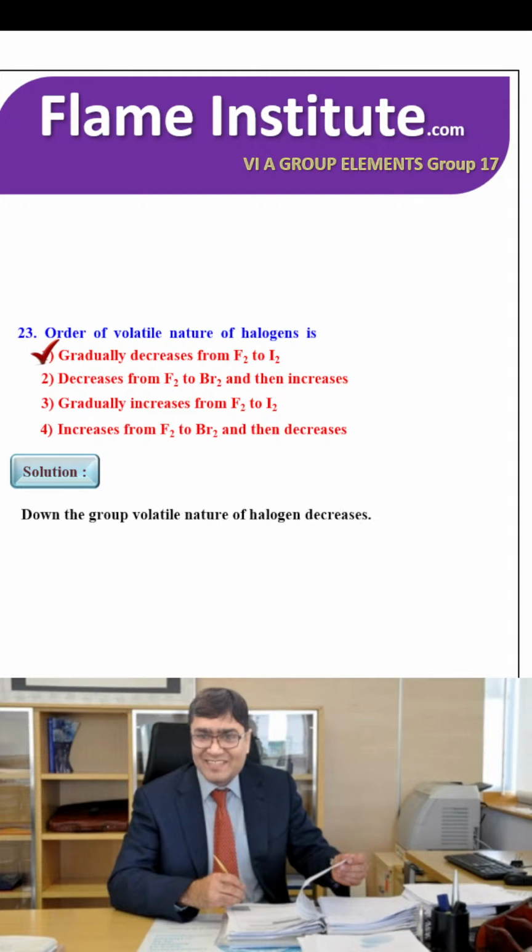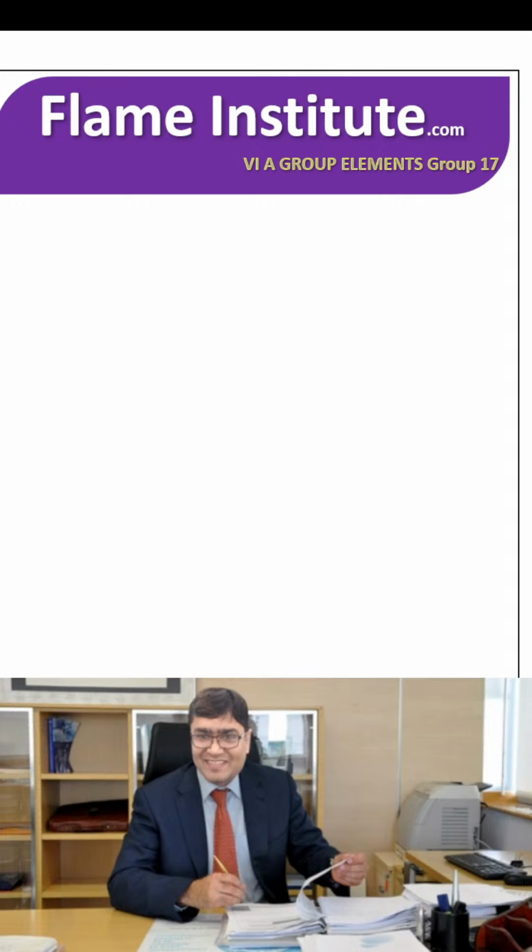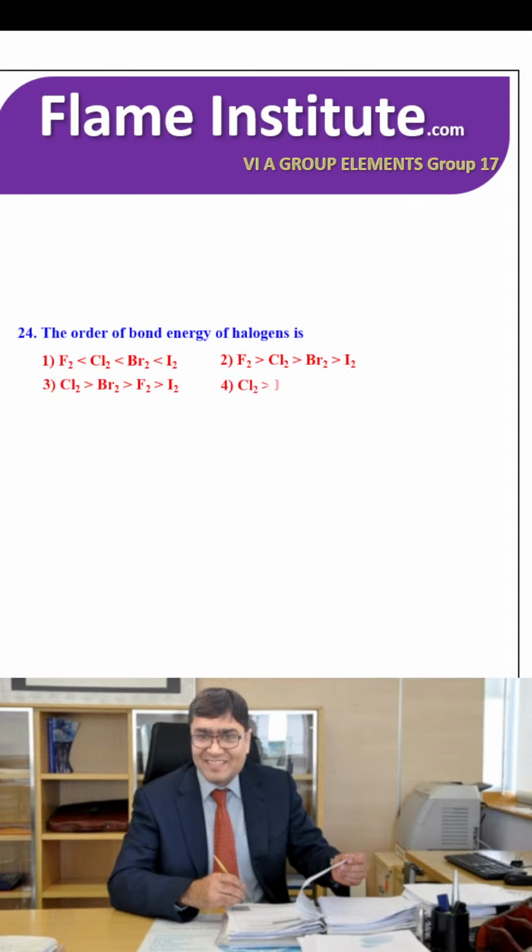So the first option is the right option. The bond energy order of halogens is Cl2 greater than Br2 greater than F2 greater than I2. So the third option is the right option.